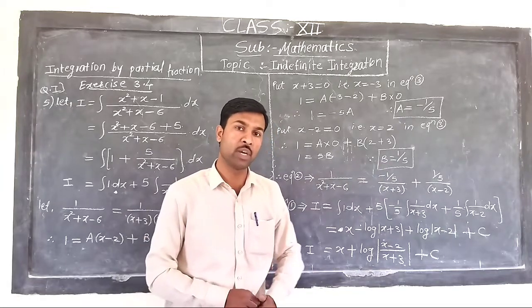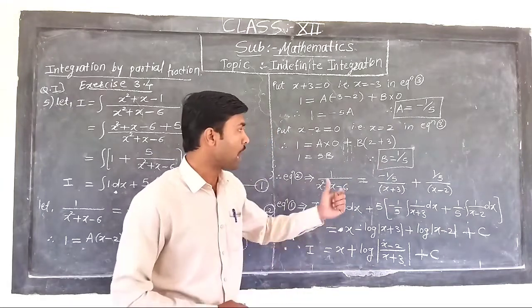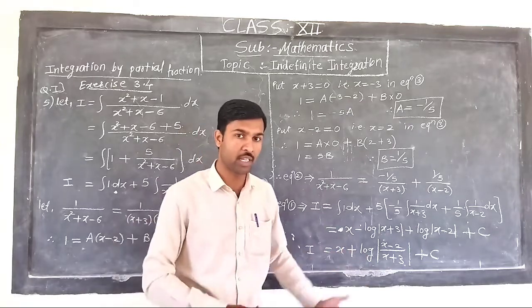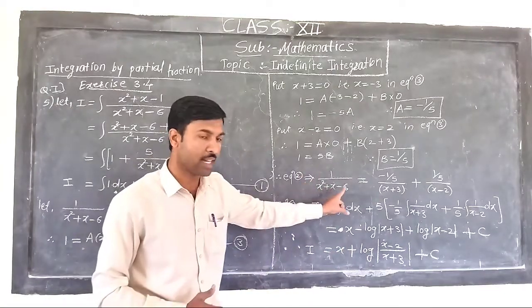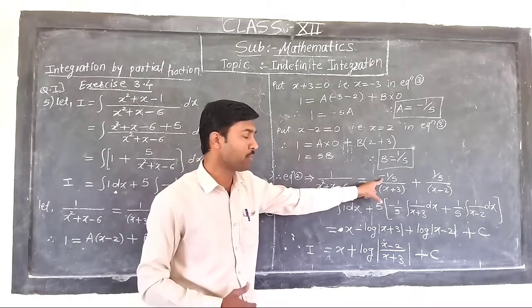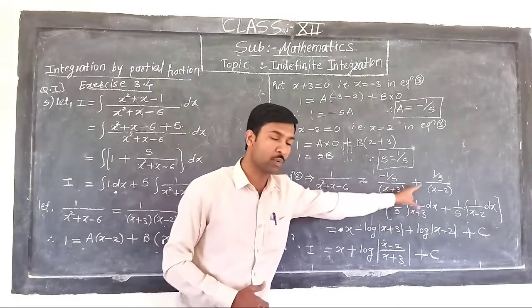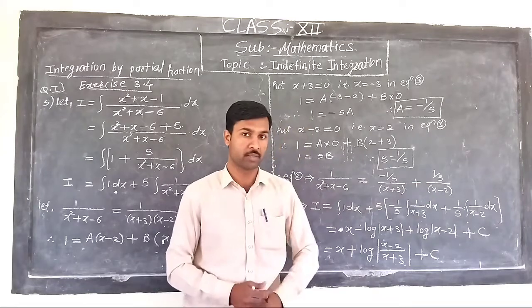Hence we get both the values of constants A and B. So after replacing these values of A and B in equation number 2, equation 2 will become 1/(x² + x − 6) equals the value of A, −1/5 upon the first term, plus the value of B, 1/5 upon the second term.